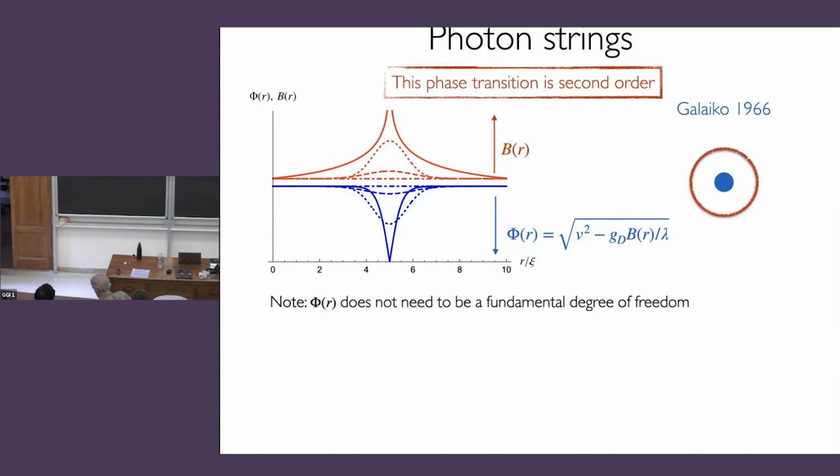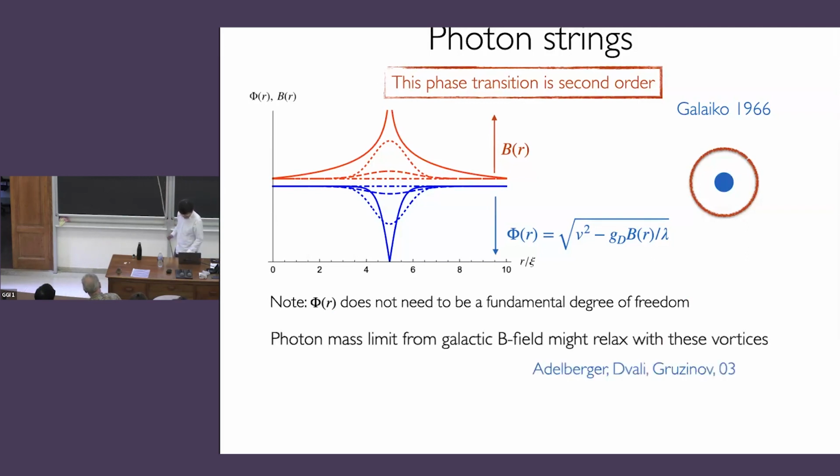Okay, so one comment: this phi field does not need to be a fundamental degree of freedom, and as we know, it's a Cooper pair, right? It's a pair of electrons in this case. So you do not need to introduce a fundamental degree of freedom as the Higgs.